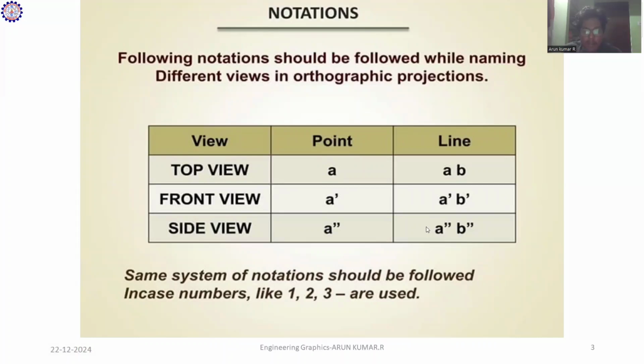The front view is represented as a dash, and for a line a dash and b dash. The side view of a point is a double dash, and in the case of a line, a double dash and b double dash. The same system of notation should be followed if numbers like 1, 2, 3 are used instead of A, B, C. You can use variables or numbers, whichever is convenient.